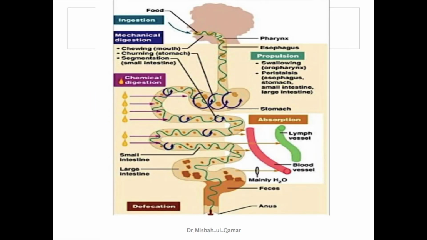Now, if you look at this figure, you can revise all the digestive processes, which include ingestion, then propulsion, then digestion, which can be classified as either mechanical digestion or chemical digestion, then absorption, and finally defecation.